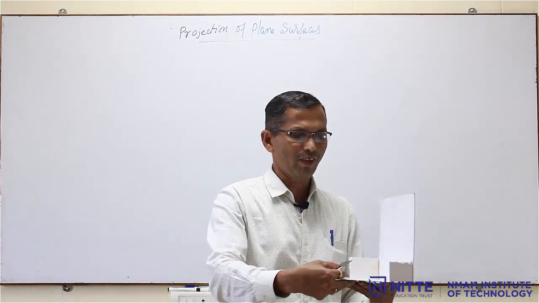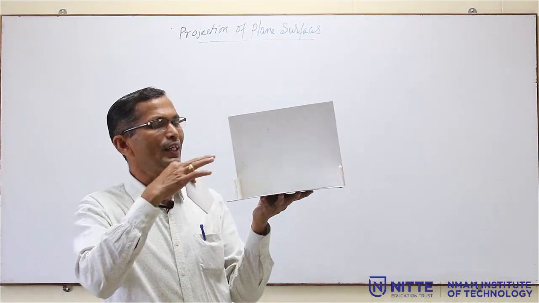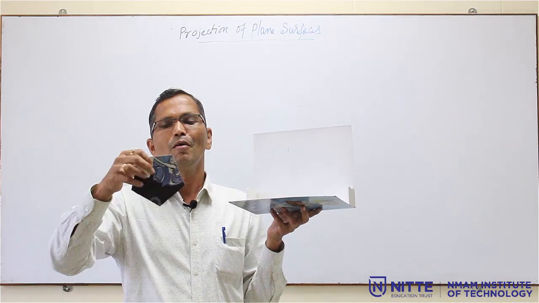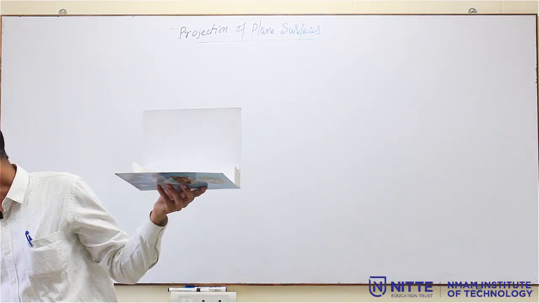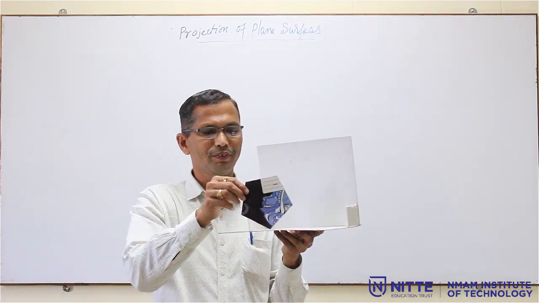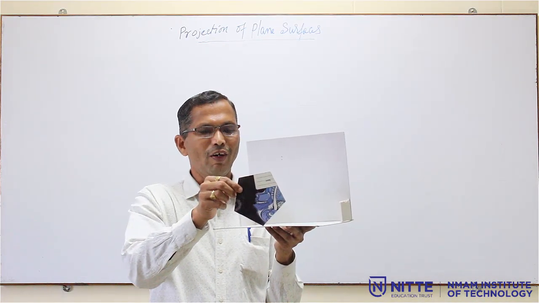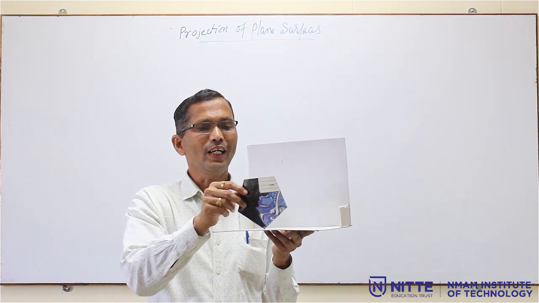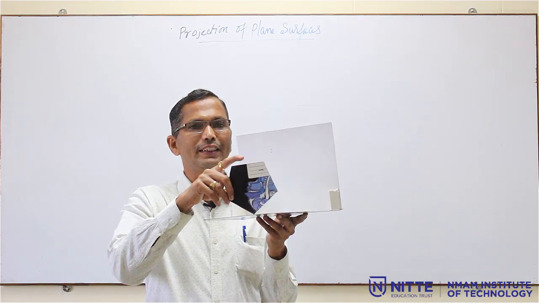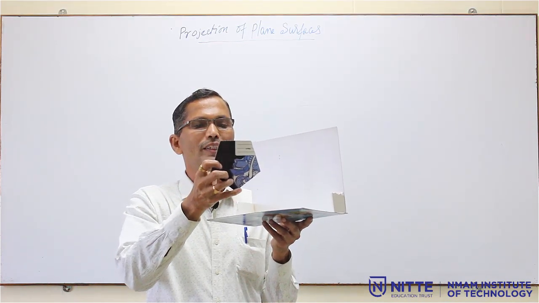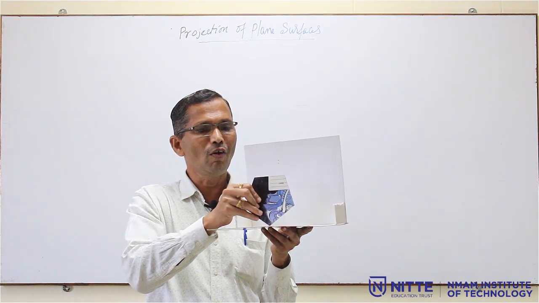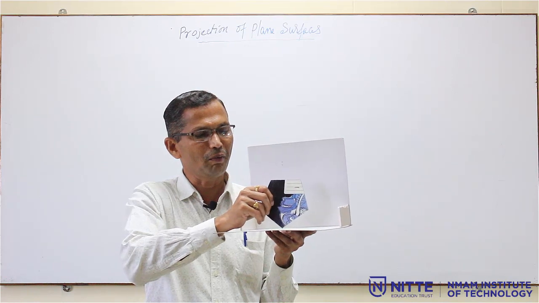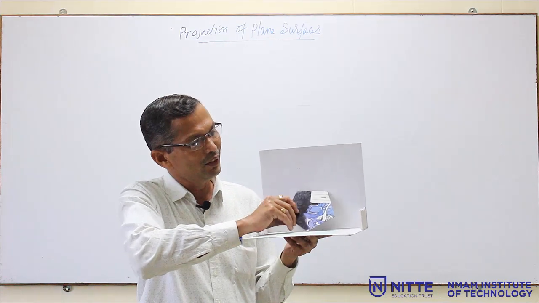Now, you take this quadrant system, the first quadrant I have taken here, and this is the pentagon I have taken, with one of its corners on HP, like this. What is the next condition? While the opposite edge, if this corner is on HP, what is the opposite edge? This is the opposite edge. So, this should touch VP. That means you have to bring it nearer and touch like this.